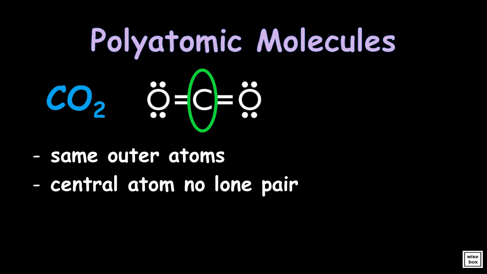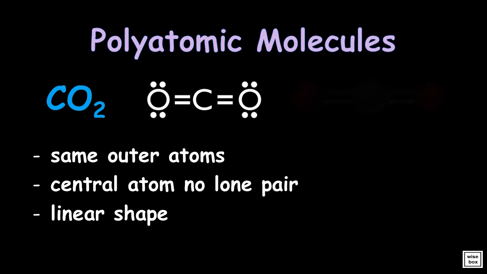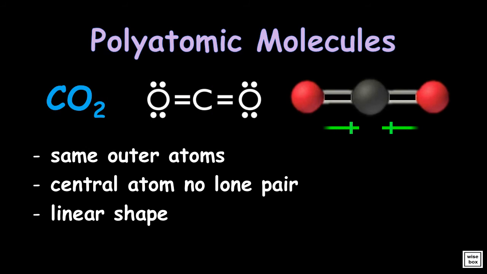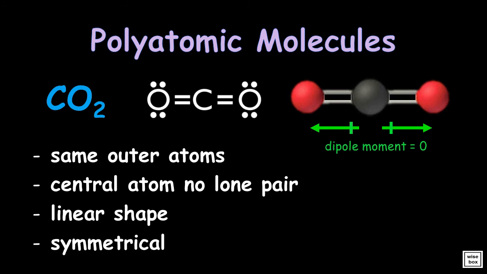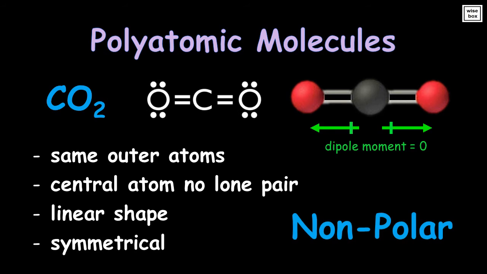Thus, based on VSEPR theory, its shape is linear. Based on the bond polarity, the dipole moments are towards oxygen. They are symmetrical. Thus, they cancel each other out. In this case, the overall dipole moment is zero. Therefore, CO2, or the carbon dioxide molecule, is nonpolar.